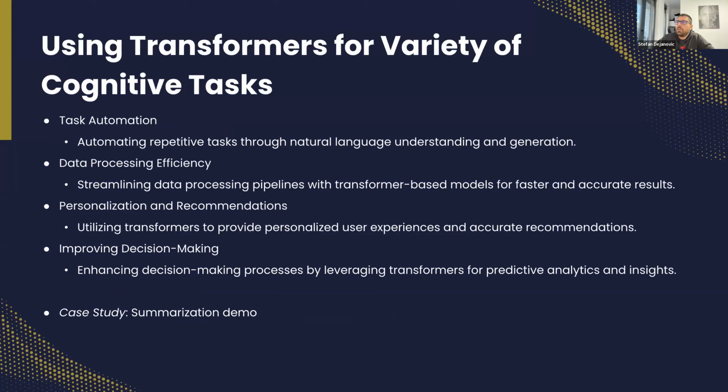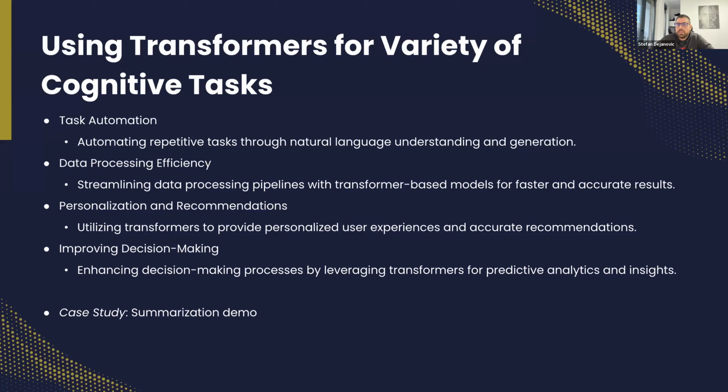So how do we use transformers for a variety of cognitive tasks? These models are fantastic for automating tasks, utilizing natural language understanding and generation to automate repetitive processes effectively. They can also contribute to enhancing data processing pipelines, offering faster and more accurate results.